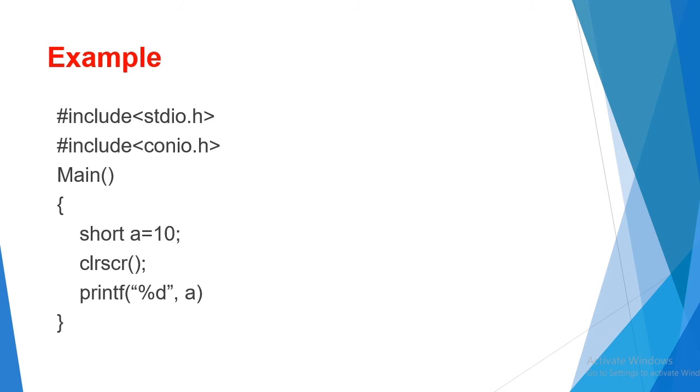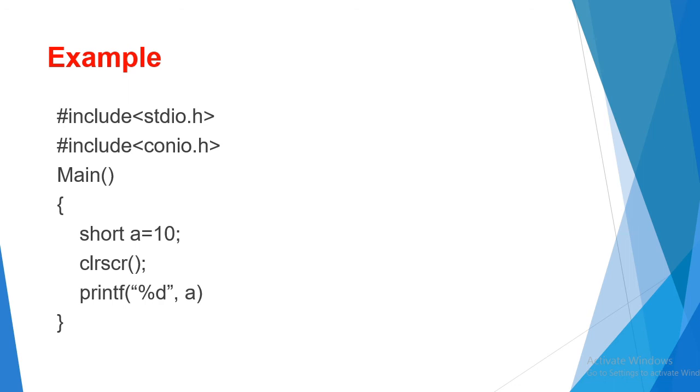Then how will I start? I will write printf first, and in brackets I put two double quotes, and in those quotes I have written percentage d, because I want a signed short integer back.